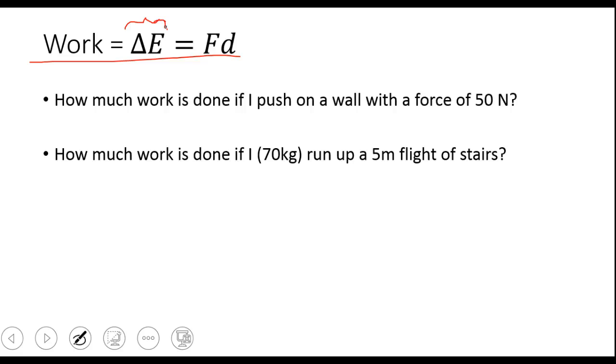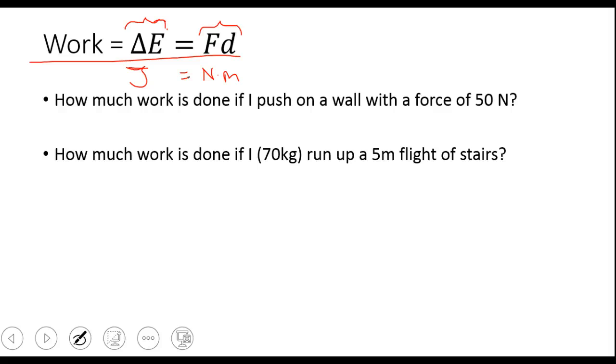And that would be the work that they have done in joules. Sometimes, though, it's more beneficial to think of work as being some force applied over some distance. And again, this is newtons times meters, which is really just the same as a joule.